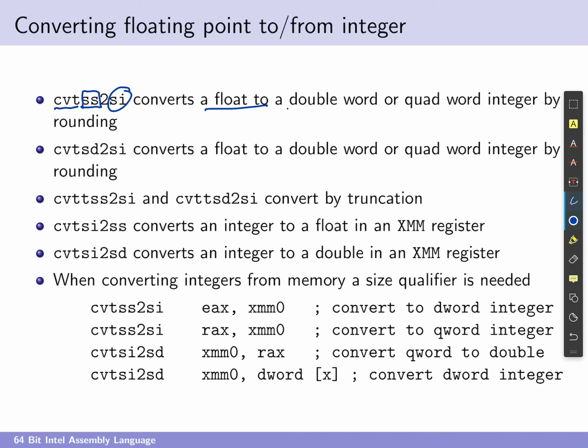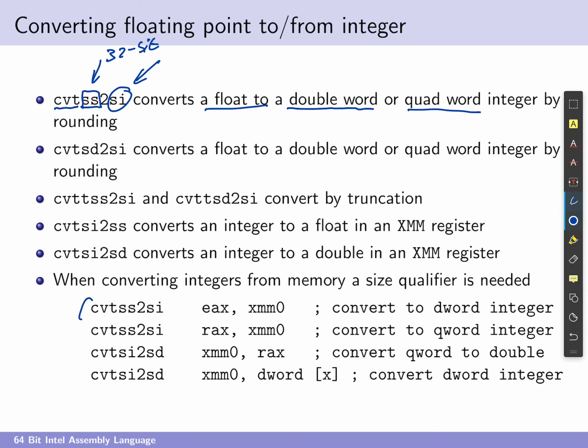Now, this is where things get a little bit intricate, because how am I going to determine whether it's going to convert to a double word or a quad word on the integer side? On the left notation here, it clearly indicates that I'm talking about one 32-bit floating point number. But on the right-hand side, I'm simply saying I have a scalar integer. What actually happens is that the assembler uses the register that you are storing the result in to determine it.